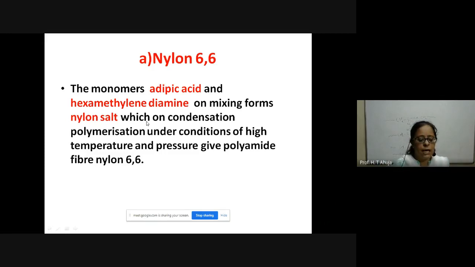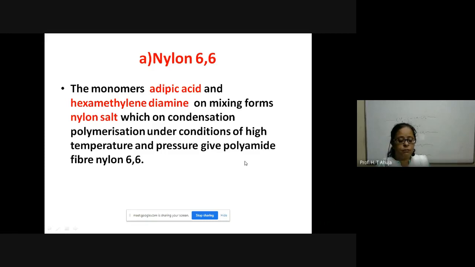This nylon salt undergoes condensation polymerization under certain conditions of high temperature and pressure and gives you a polyamide fiber, which is called nylon 6,6.